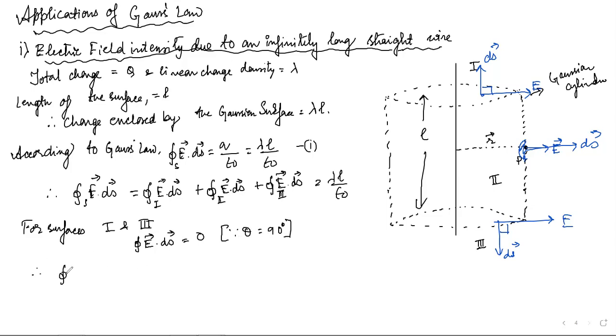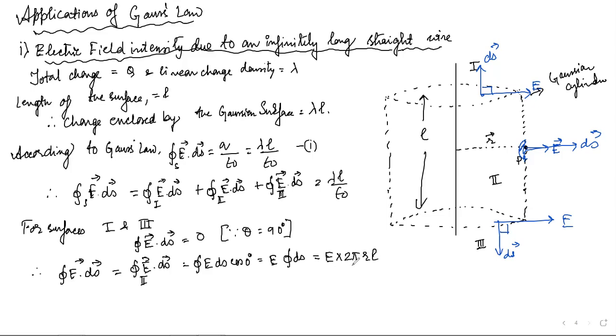Therefore, closed integration of E dot ds is only for the second surface. That is equal to closed integration of E ds cos 0 degree, where E will go out of the integration, into closed integration of ds, and because it is a curved surface, it comes as 2 pi r l.